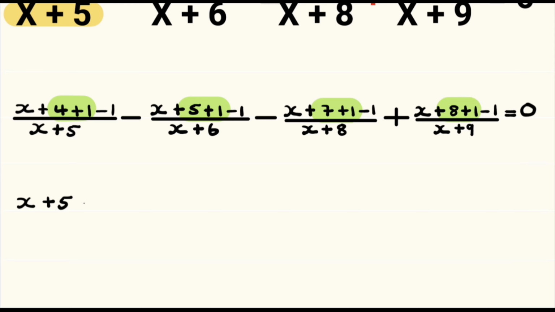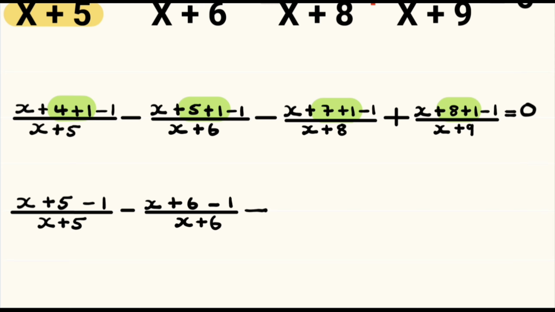So we have x plus 1 minus 1 divided by x plus 5, minus x plus 5 plus 1, which is equal to 6, minus 1 divided by x plus 6, minus x plus 7 plus 1 is equal to 8 minus 1 divided by x plus 8.